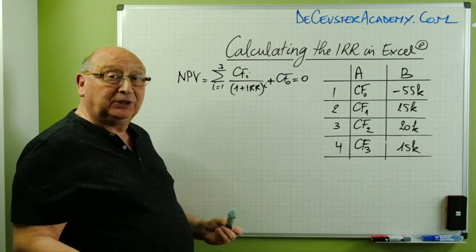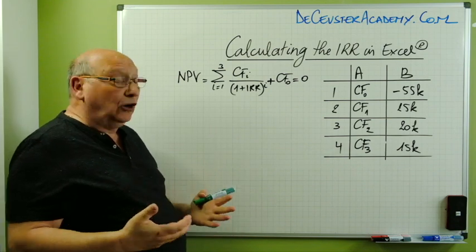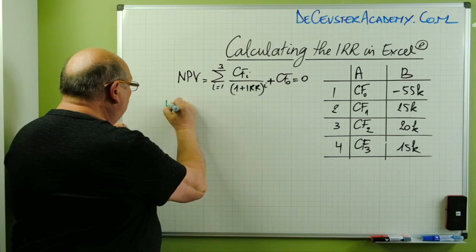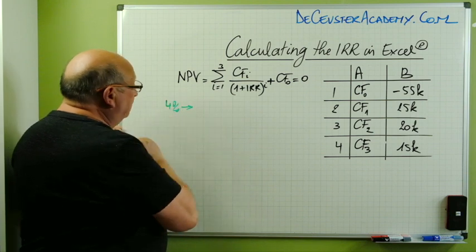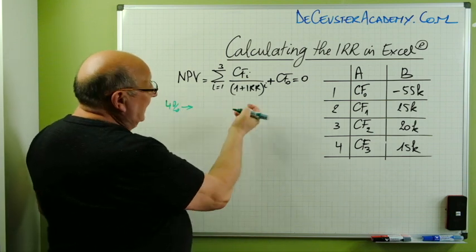We are going to calculate this for different percentages. Let's say the first percentage we consider, our first guess, is 4%. So this means that we are going to calculate this sum.